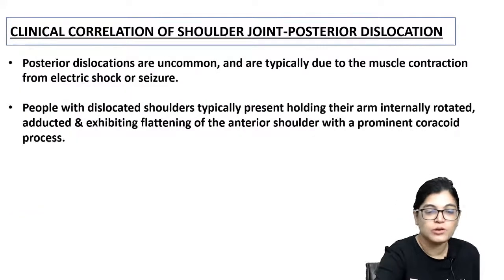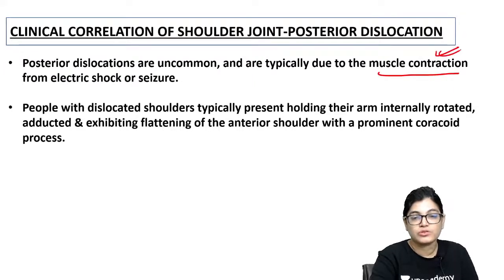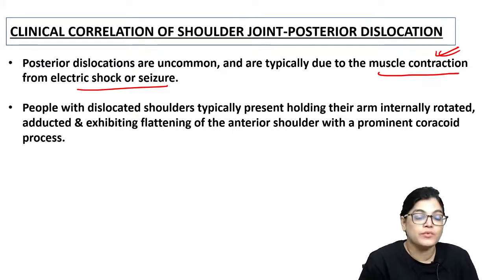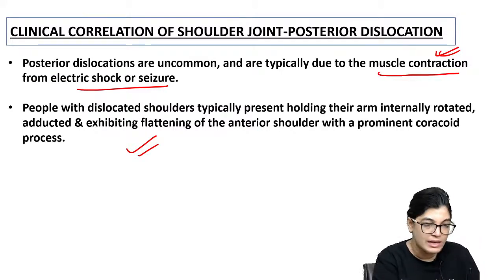Now coming to the mode of injury. The mode of injury is any kind of greater force of muscular contraction, electric shocks and seizures. In anterior dislocation, the fall was on an outstretched hand on the floor. Here the mode of injury is electric shock or seizures.